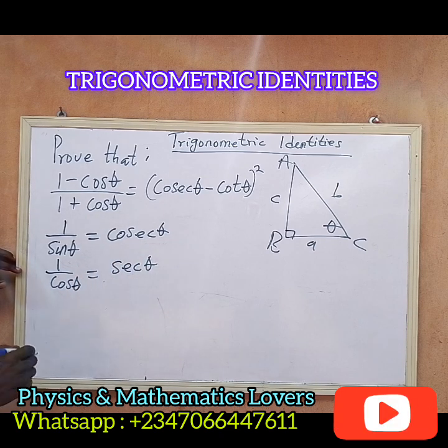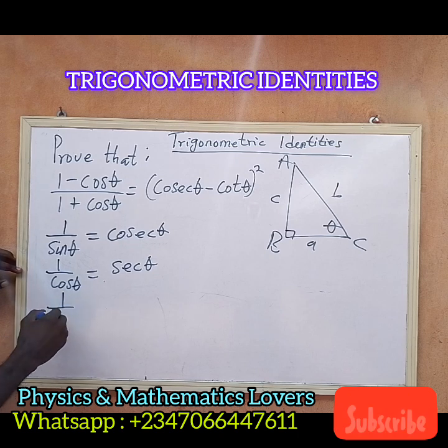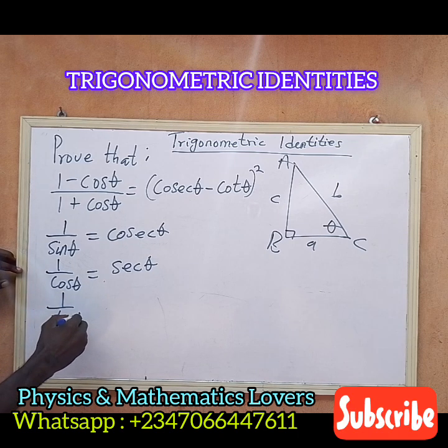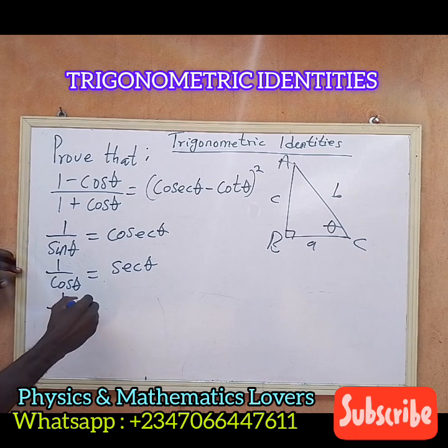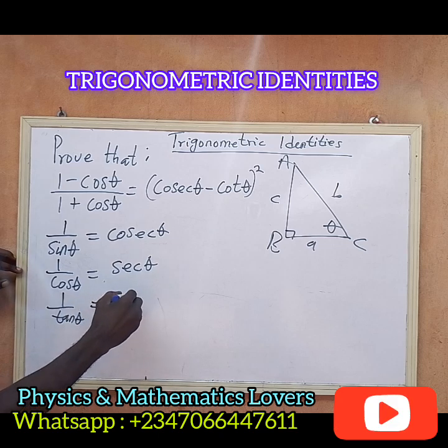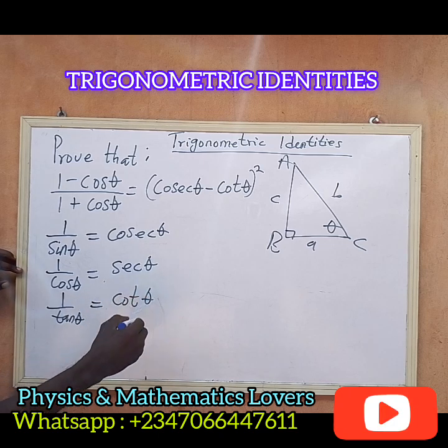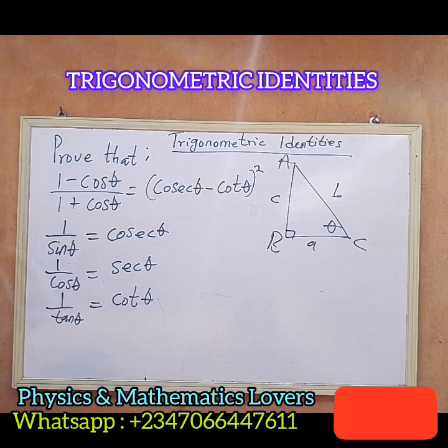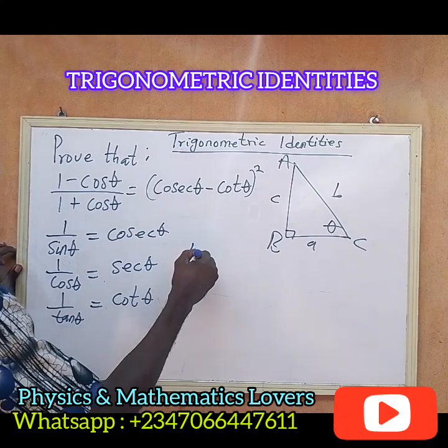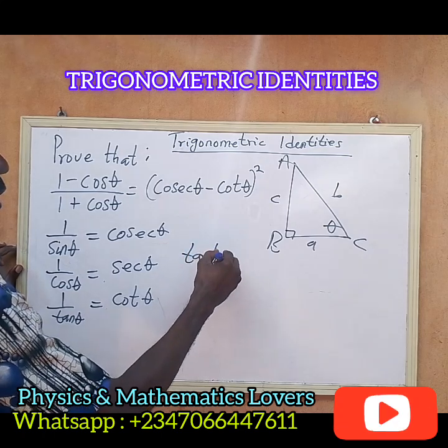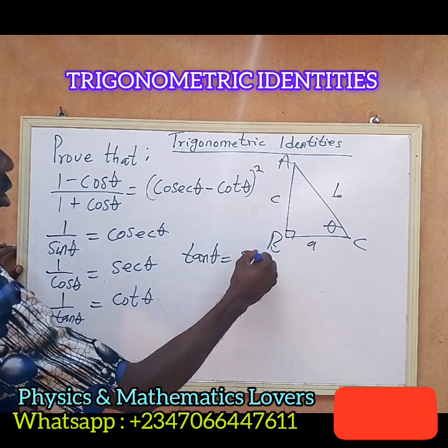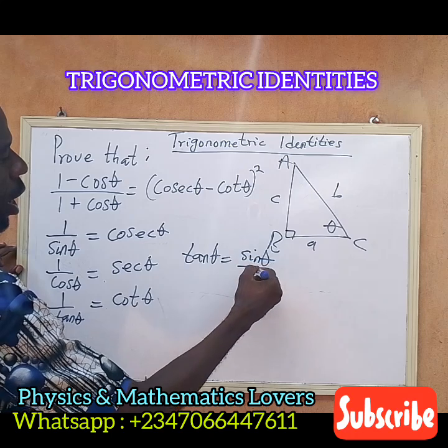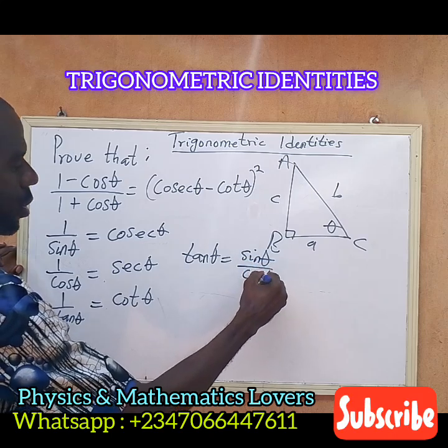Then 1 over tan theta is equal to cot theta. Now remember that tan theta has its own identity. Tan theta is equal to sine theta over cos theta.